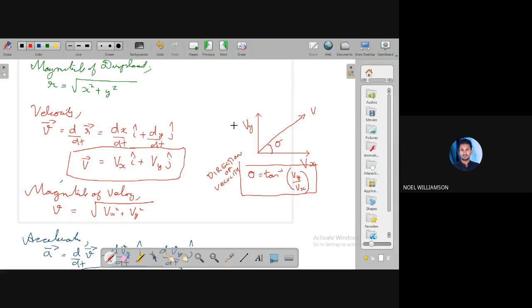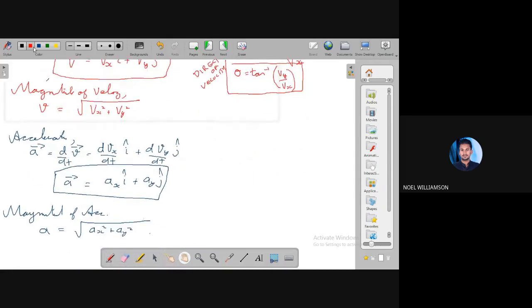Now in the same manner for the acceleration. For acceleration, there are two components, that is ax and ay, and so the resultant acceleration will be acting at an angle theta.